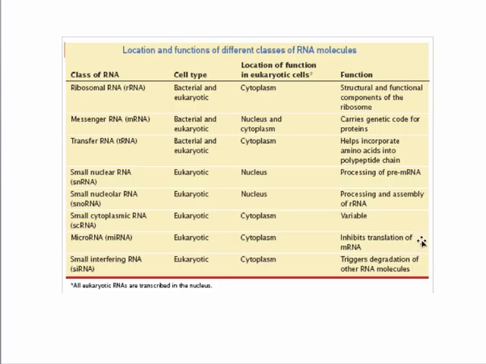If you've ever heard of a knockdown, when we knock something down in a cell, we actually put in small interfering RNA. And what these two molecules do, the microRNA and small interfering RNA, is they're a short fragment of RNA that actually can bind to the messenger RNA. And when it does, it forms a double-stranded RNA molecule, and that's a signal for enzymes in the cell to degrade that RNA.